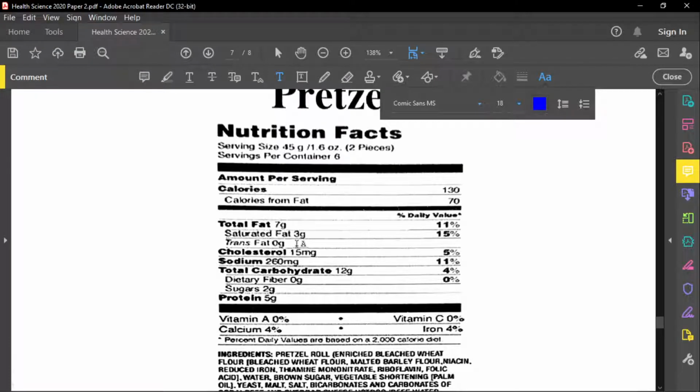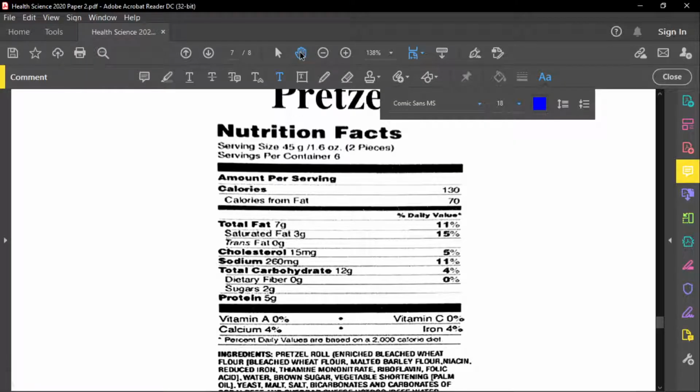Trans fat is 0 grams. But the fact is you have a total of 7 grams of fat here. Cholesterol is in milligrams, that is smaller than grams. Sodium is in milligrams as well. Fiber is 0 grams. And total carbohydrates right here is 12 grams. So the 12 grams will be our highest. And protein is 5.